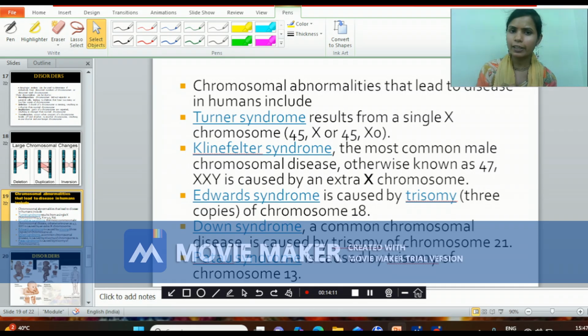That is called Klinefelter syndrome. In Edwards syndrome, chromosome 18 is trisomic, meaning there are three copies of chromosome number 18. In Down syndrome, trisomy of chromosome number 21. In Patau syndrome, trisomy of chromosome number 13.